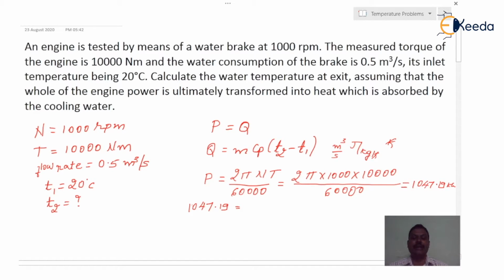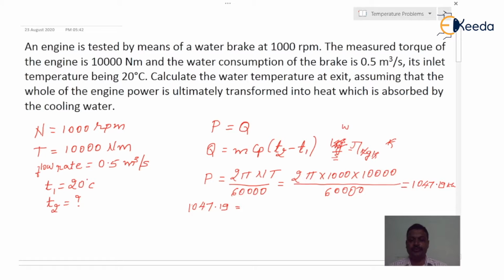So to make the units same on both the sides, this meter cube per second is converted into kg per second. So if we make it as kg per second, here this kg gets cancelled, then we will have joules per second. Joules per second is watt.